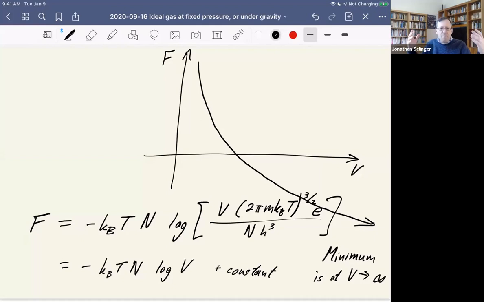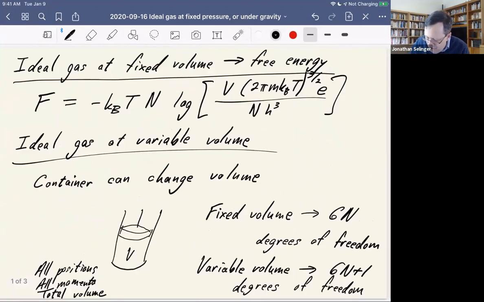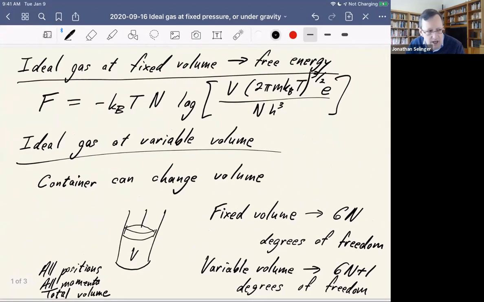There is some ambient pressure out there. So in the picture of a cylinder, like this cartoon, we would say there is some pressure, P, that's pushing down on the piston, which resists expansion.